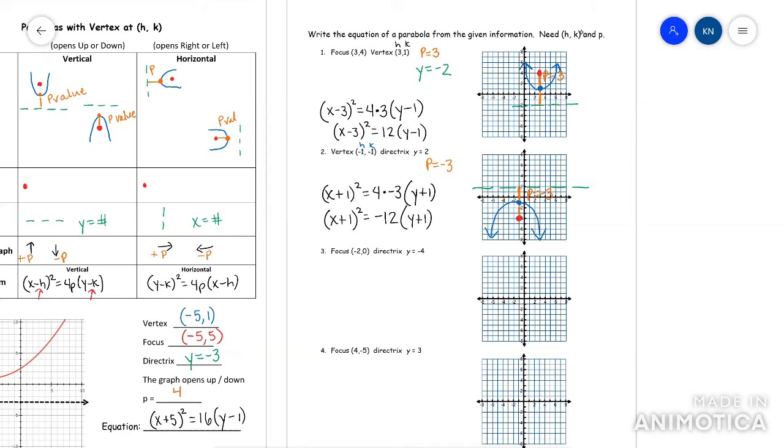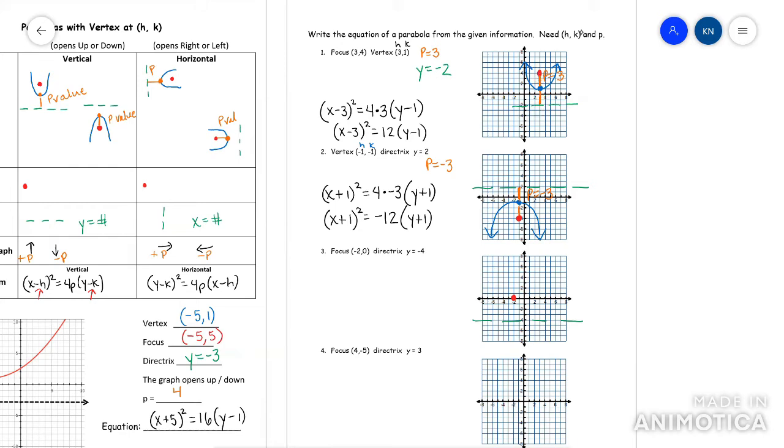All right, this next one, put your focus down. So that's the red dot, -2, 0. Then they give you a directrix, y equals -4. So that's this green line right here. Now if you've been paying attention, you can realize, look at this first graph that we did right here. This vertex is always smack dab in the middle of your focus and your directrix.